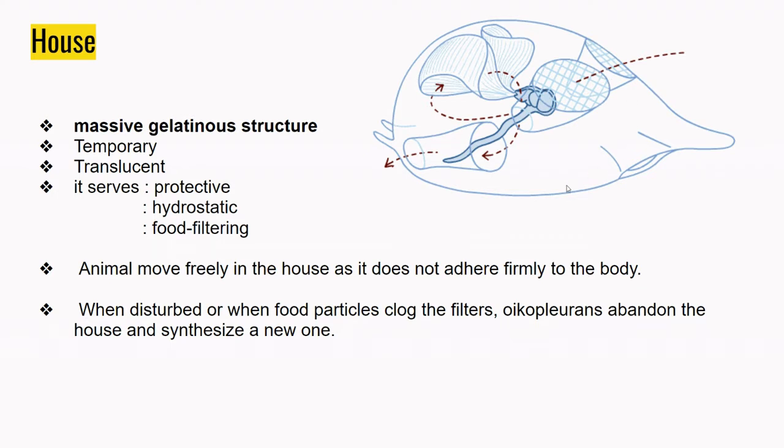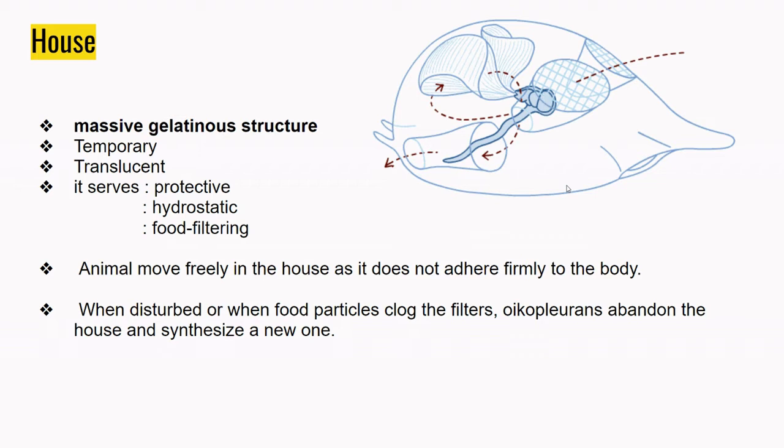This house is temporary, it is translucent, and it serves certain functions: it is protective, it balances the hydrostatic water pressure, and it also aids the organism with filter feeding. The animal moves very freely in this house since it is not firmly attached to the walls of the house.